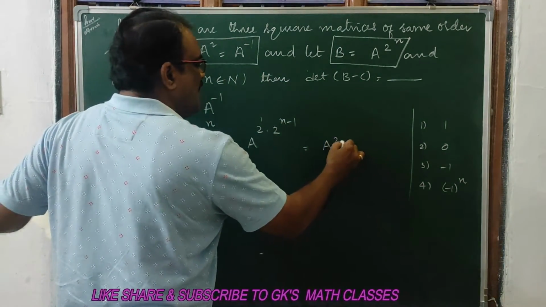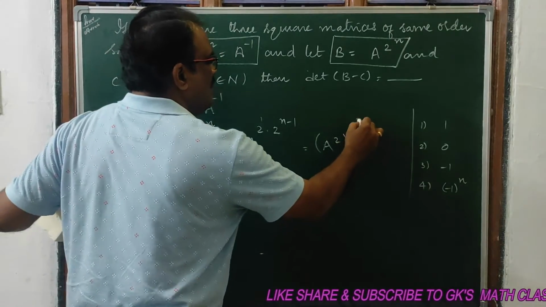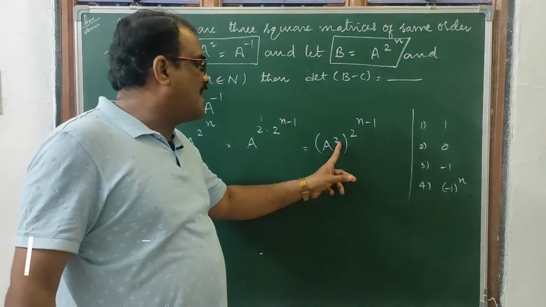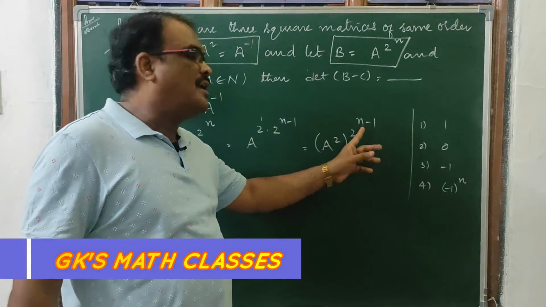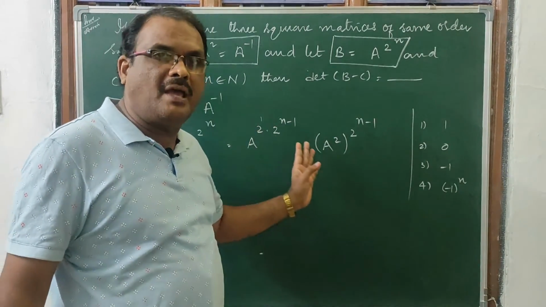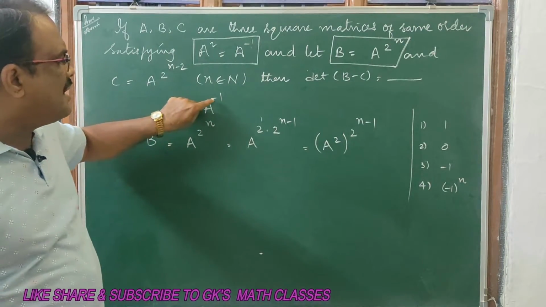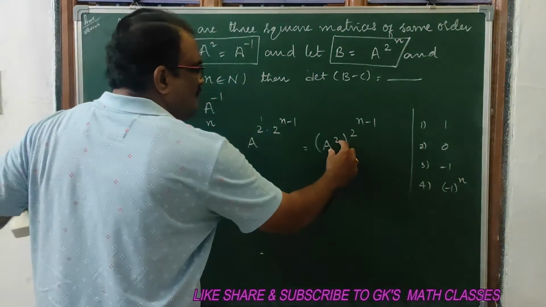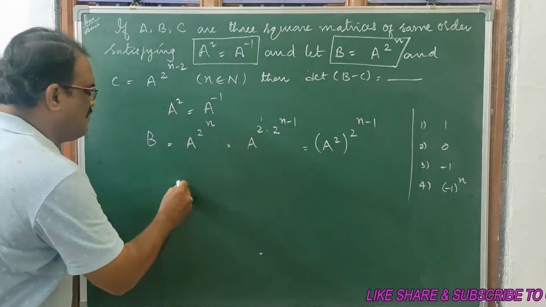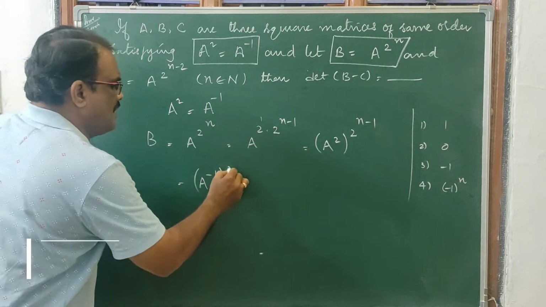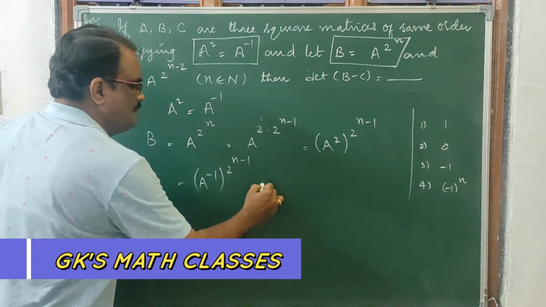So A square whole power 2 power n minus 1, because A power m whole power n is equal to A power mn, and we are having A square is A inverse. Instead of this A square we put A inverse here. A inverse whole power 2 power n minus 1.